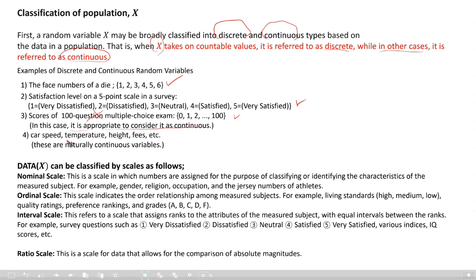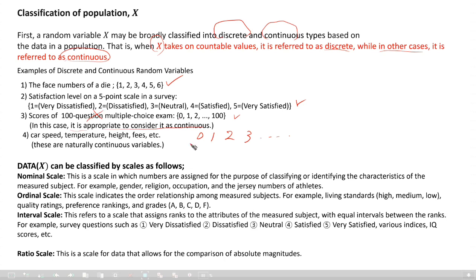Car speed, temperature, height, fees, these are naturally continuous variables. So it just depends on scale. For temperature, if it takes 0, 1, 2, 3, integer values, it looks like discrete.